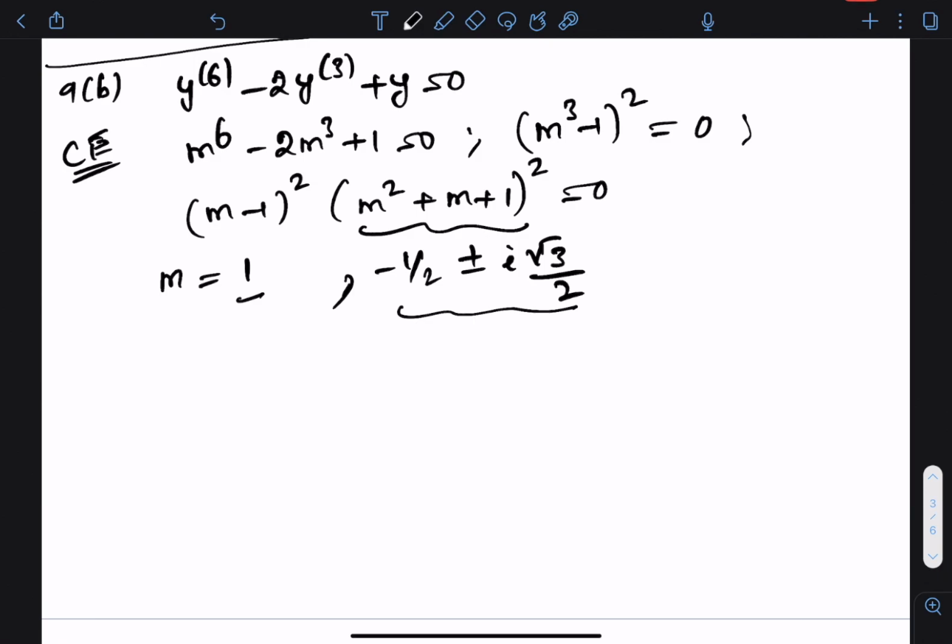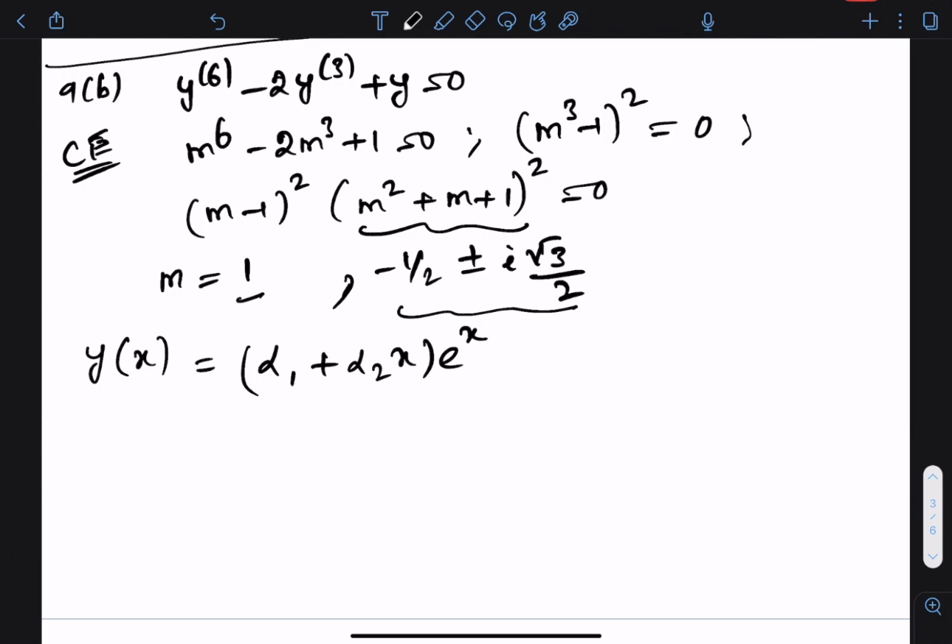So with these, what would be the general solution of this constant coefficient ODE? So 1 is a double root, so alpha 1 plus alpha 2 x times e power x, because it's a repeated root.